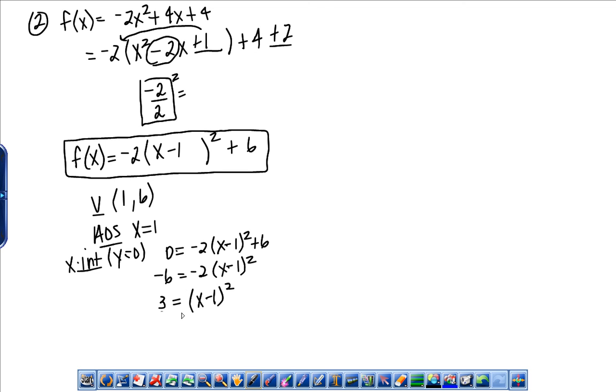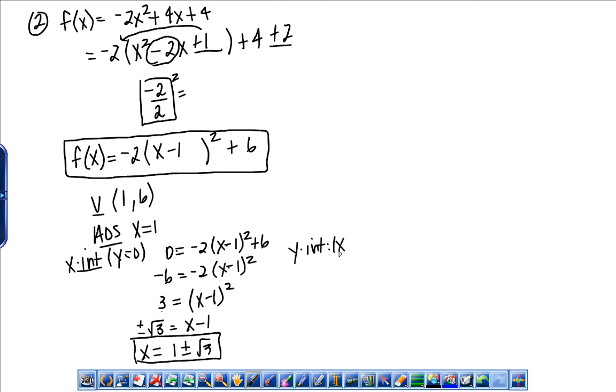I'm sorry, when I square root both sides, I have a square root of 3 here, and I have an x minus 1. This is actually going to be a positive and negative square root of 3. So when I add the 1, my x is going to be 1 plus or minus the square root of 3.